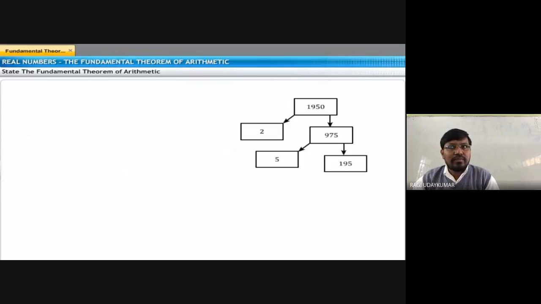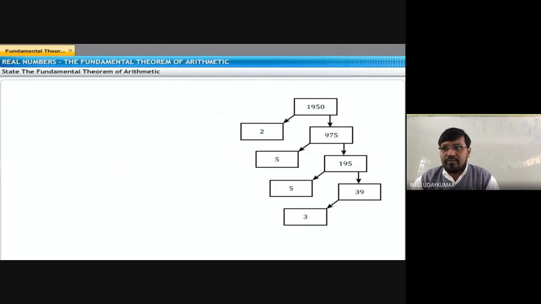So divide by 5, we get 5 into 195. Again 195 is divisible by 5, 5 into 39. 39 is divisible by 3, 3 into 13. Now 13 is a prime number, so you can stop dividing. This is actually the long division method, we will say.